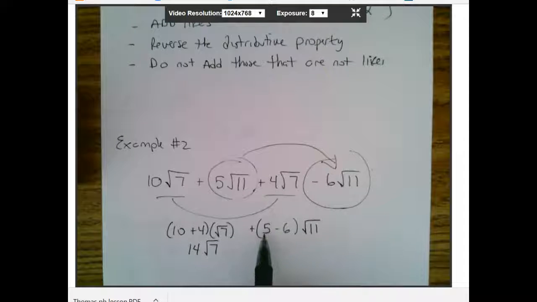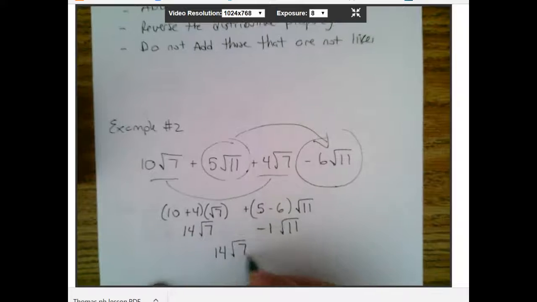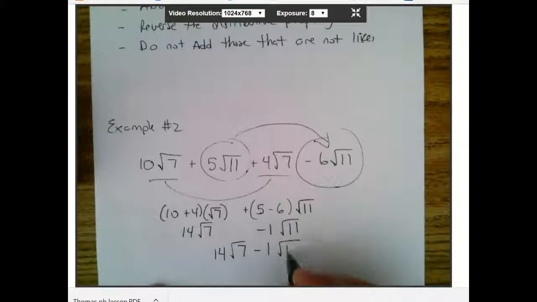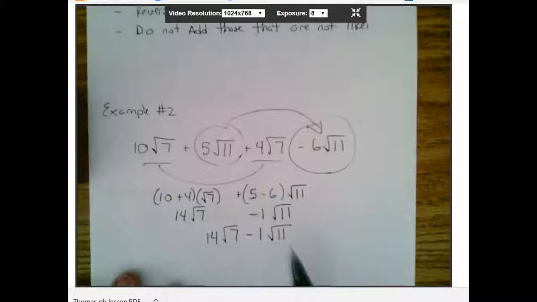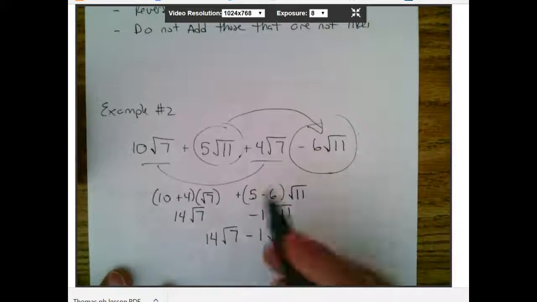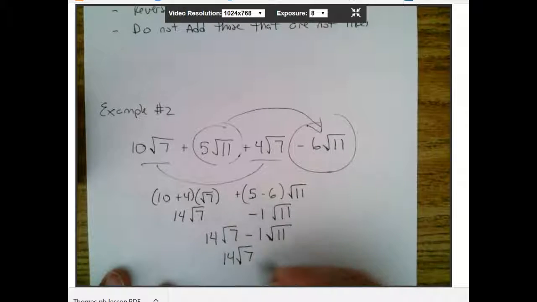So 5 minus 6 is negative 1 square root of 11, and in the end we get 14 square root of 7 minus 1 square root of 11. And that's as simple as we can get it. You could even write this without the 1. We could also just write 14 square root of 7 minus the square root of 11.